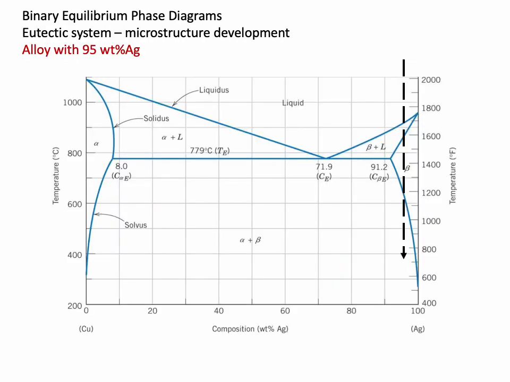On the opposite side of the phase diagram, where I have liquid, and then I have an area where beta is forming in the liquid, and then I have an area where it's all beta, and then I have an area where it's all alpha plus beta. It's just exactly like what I had at 5%.